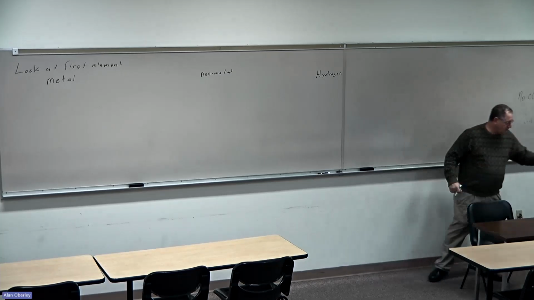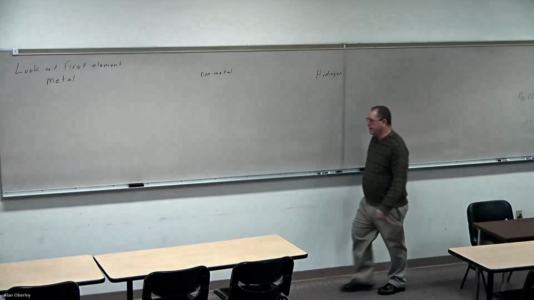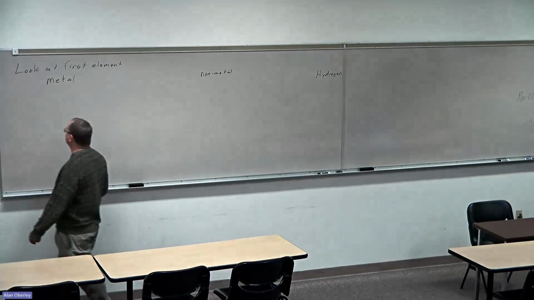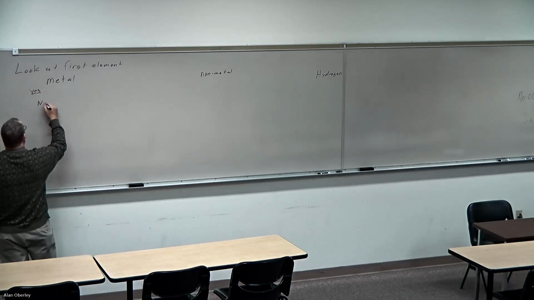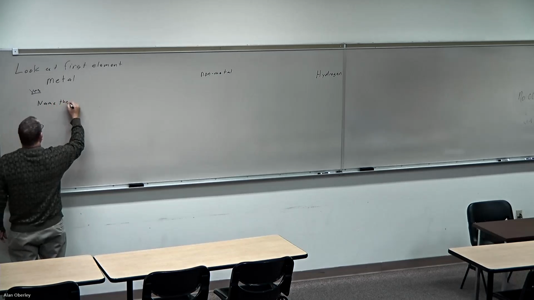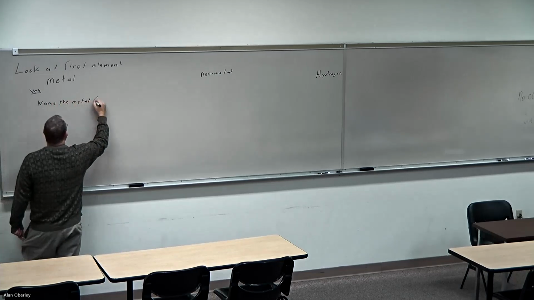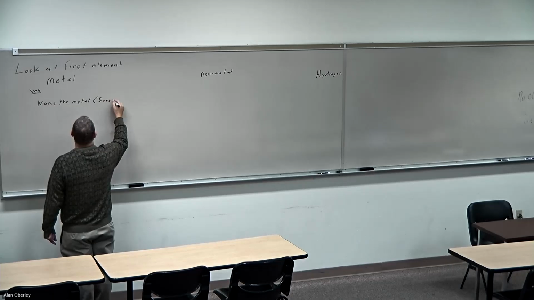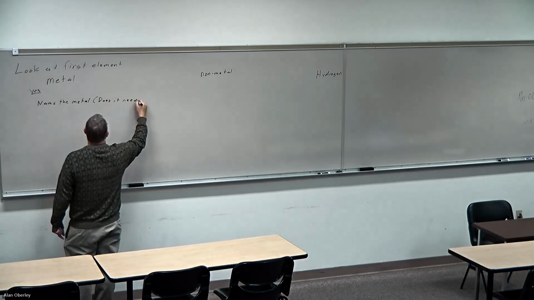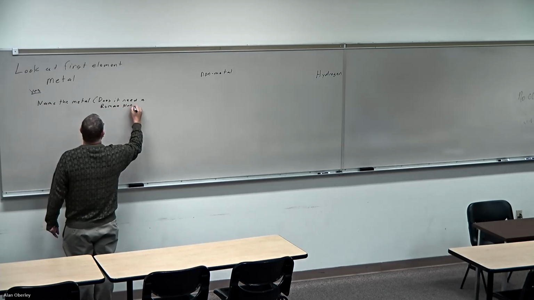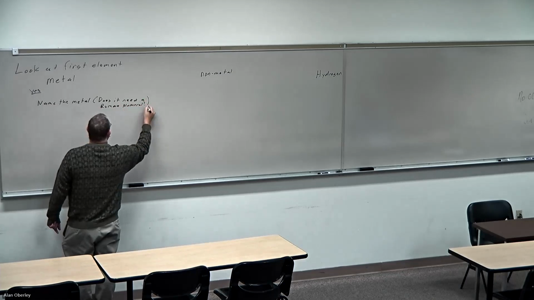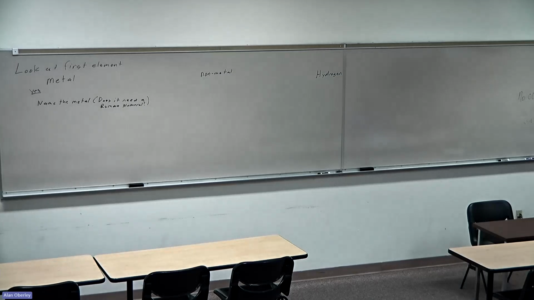So when we do that, the first thing I want you to do, if it's a metal, is name the metal and ask the question, does it need a Roman numeral?